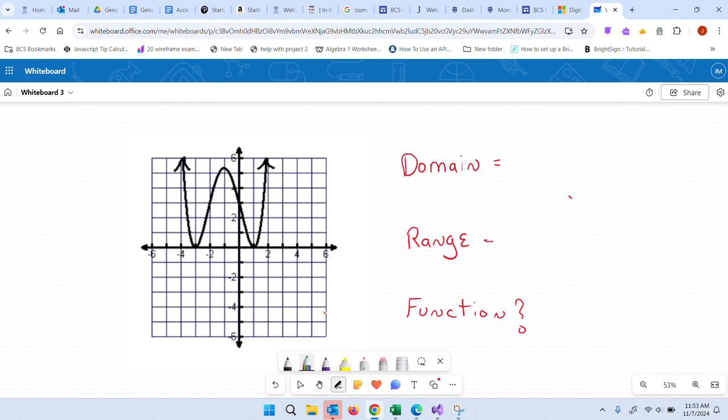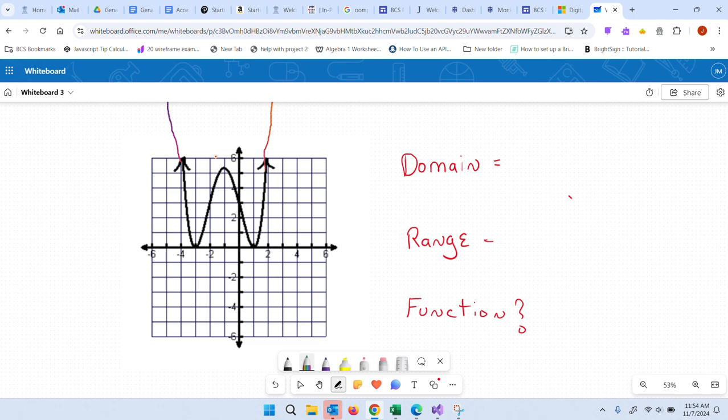All right, the domain. First thing I want you to see is that we're dealing with lines that are curves. That's something you're going to see when we start dealing with squares and quadratics. This line over here on the right just keeps going up and up to the right. The one here on the left goes up to the left, and it just keeps going up and to the left indefinitely, infinitely.